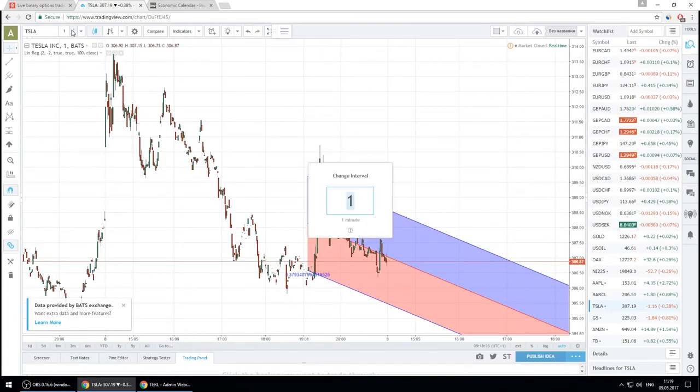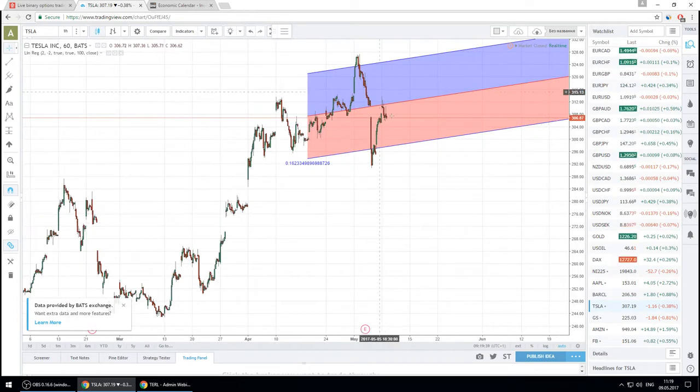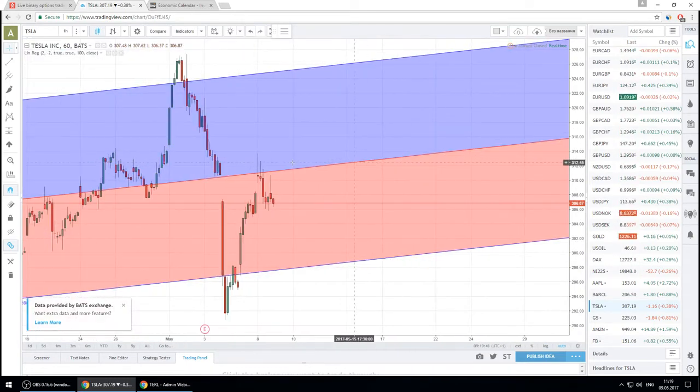So within 1 minute we see that it moves down. Here let's say we have 1 hour time frame. We had here a gap because here we see that the earnings result published. Gap for down. After that we see the correction. It broke through the lower line and started to move up.